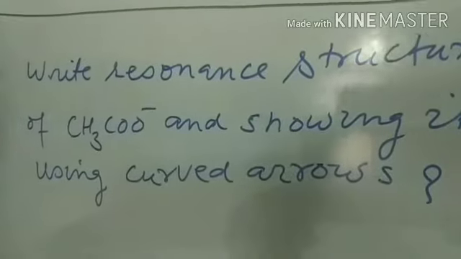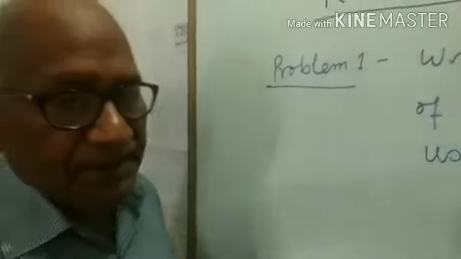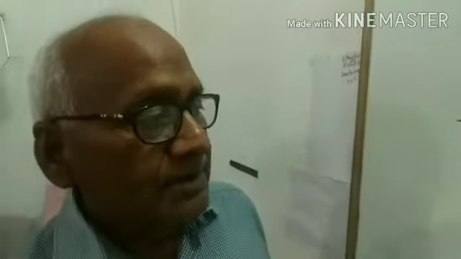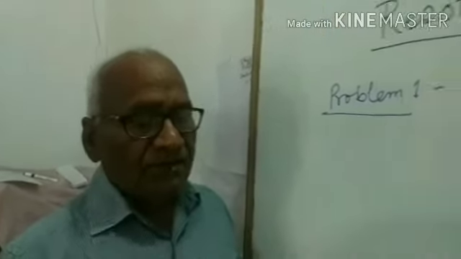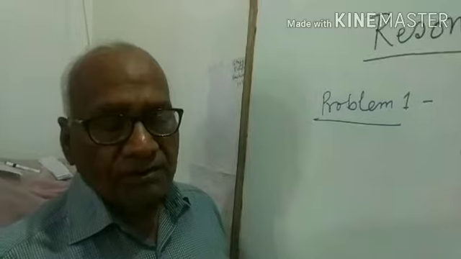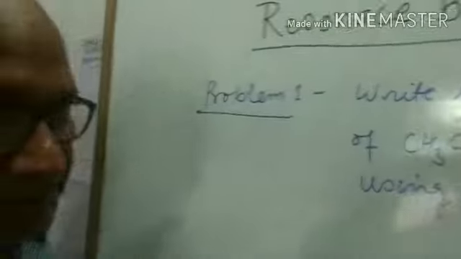This is the problem. You have to write the resonance structures of acetate and show the transfer of electrons or delocalization of electrons using curved arrows.